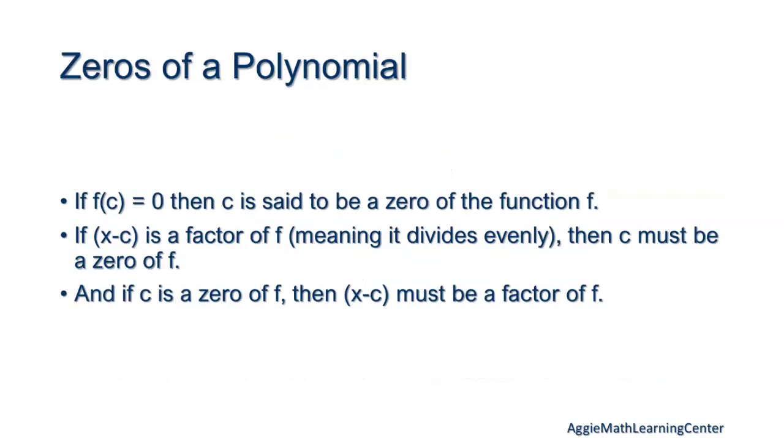And if c is a 0 of f, then x minus c must be a factor of f. So all I wrote is c is a 0 right here, and that's the exact same thing as x minus c is a factor. Either way, those go hand in hand. They mean the same thing.